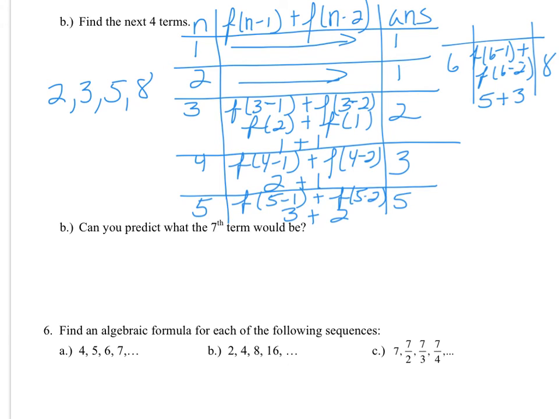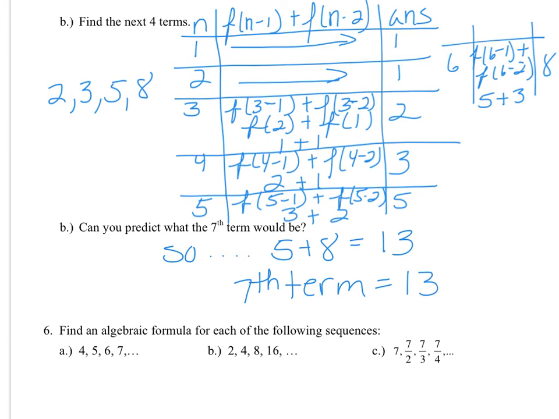So 5 plus 8, because that would be the 5th and the 6th, so the 7th term would equal 13. Because it looks like the pattern is adding the 2 previous terms, which it is, f of n minus 1 plus f of n minus 2.